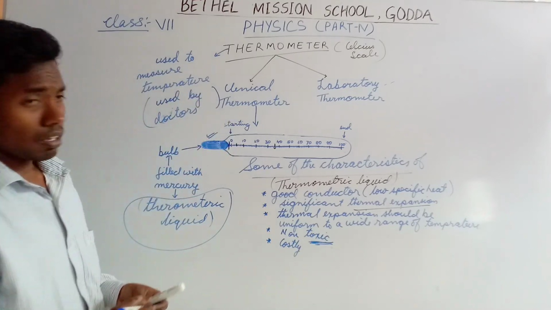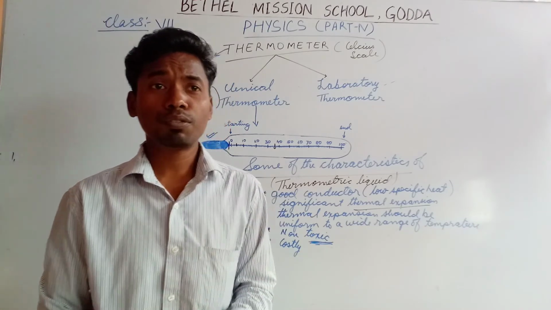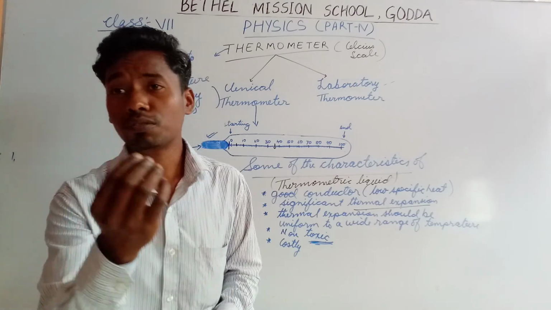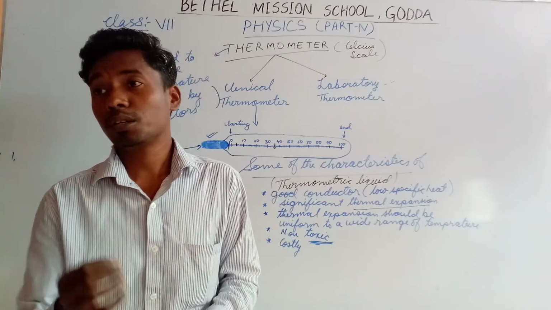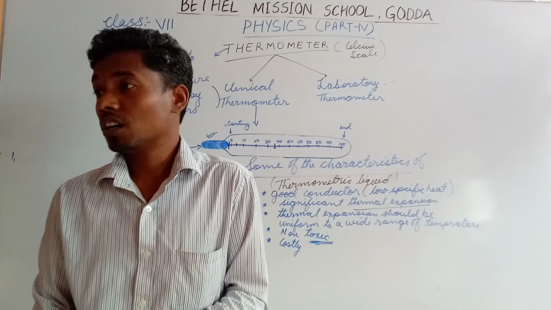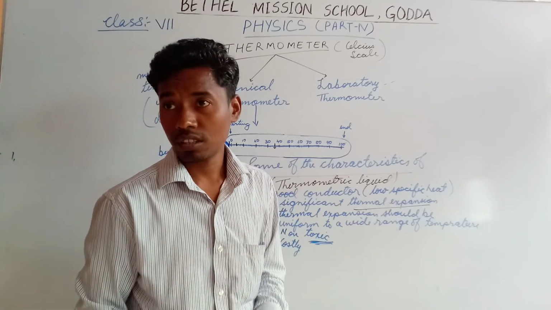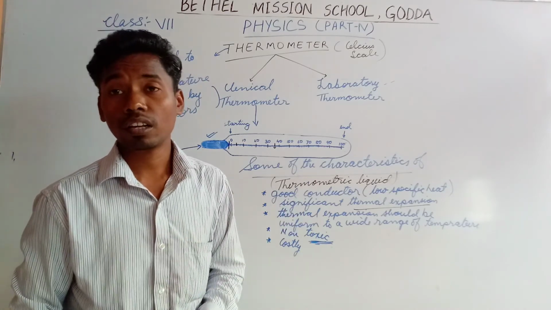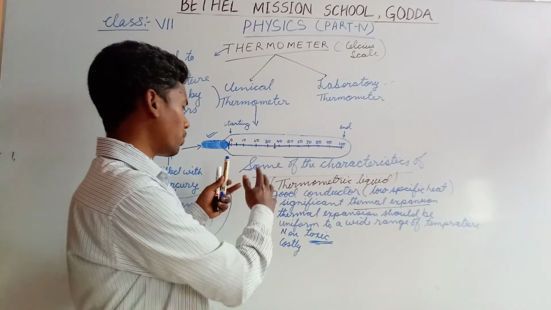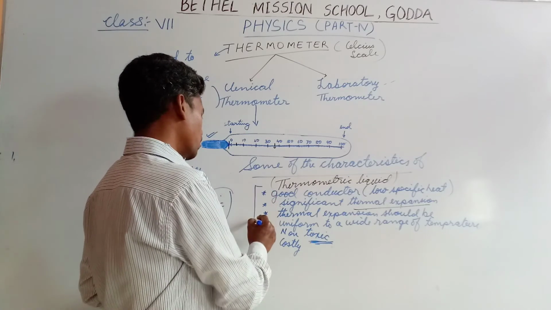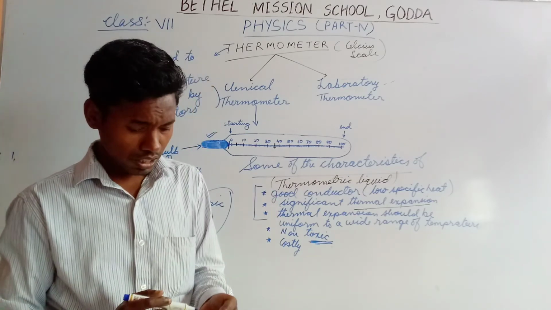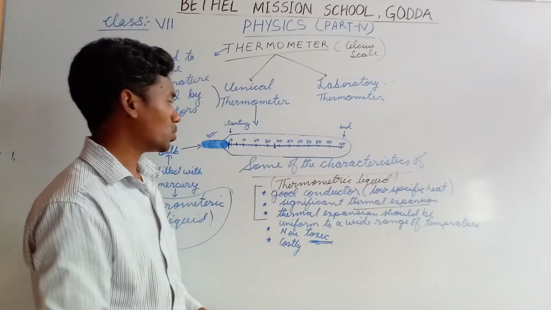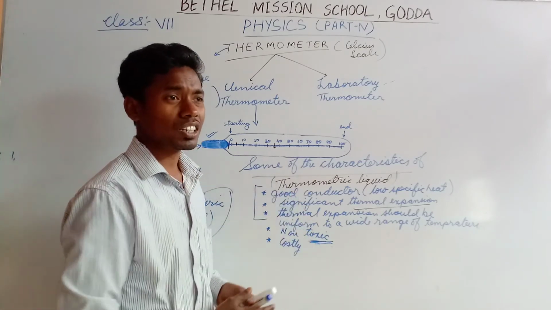Otherwise, only for measuring temperature, we need to pay a lot to doctors. Just for measuring our body temperature, a simple fever will cost us maybe lakhs of rupees, just because this thermometric liquid is very, very costly. So majorly these first 3 are the very important things, but still you should know all these also. So that was about thermometric liquid.